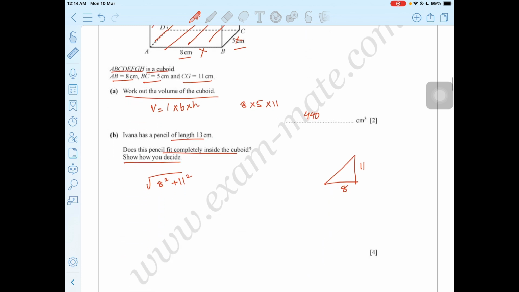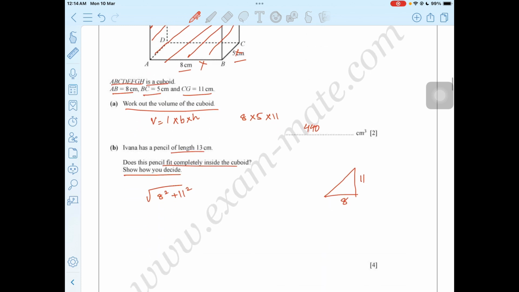So we have base as 8 and height as 11. What do we get over here? We get something like 14 or 13. Let's calculate it. This would be 11 squared plus 8 squared, so we get our answer as 13.6.